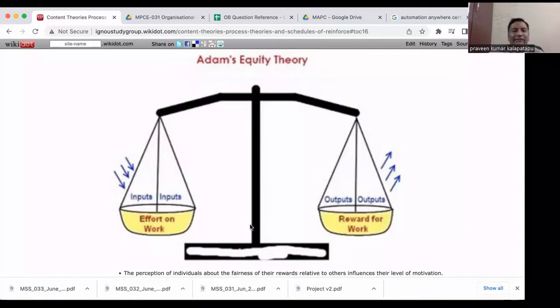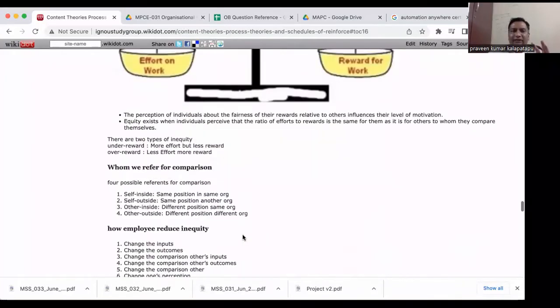I'll feel as if I got greater rewards. So generally, we compare with others and then evaluate whether my input and output ratio is good or bad. That is what equity theory talks about.